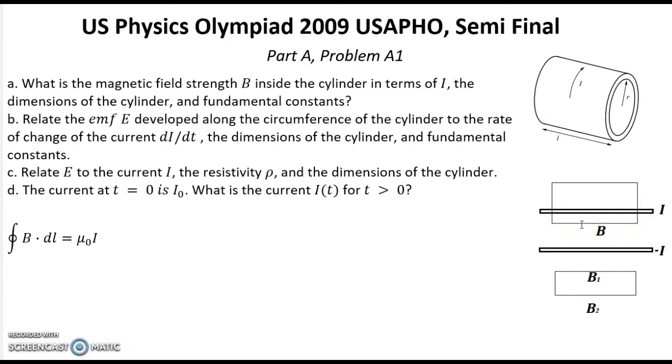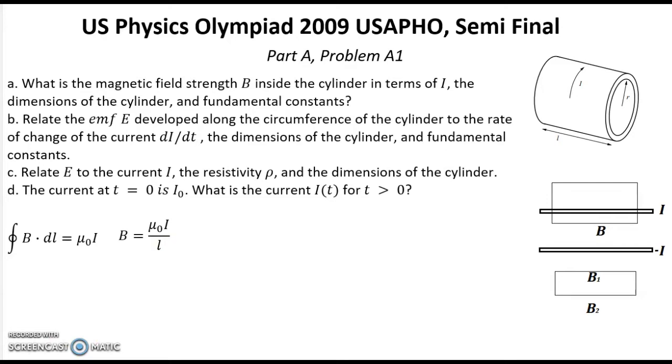And we just multiply this magnetic field by the length of this cylinder, L. And that must be equal to mu0 multiplied by the current I, because this current I is going through this figure. So from this formula we can find the magnetic field at any point of this cylinder. So the magnetic field equal to this expression is the same as for a regular solenoid. That was the answer for question A.